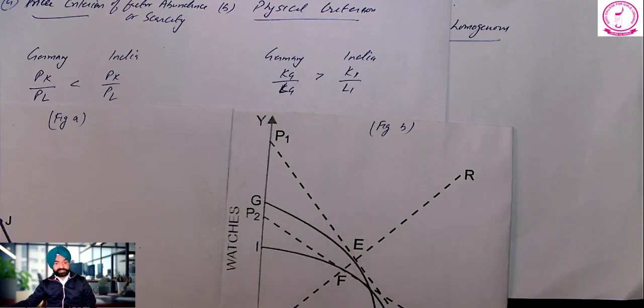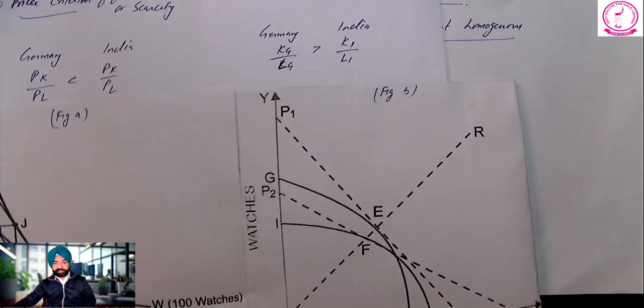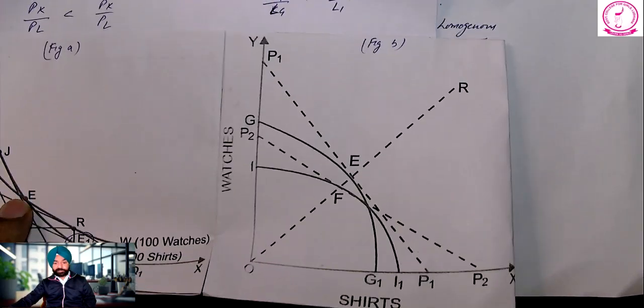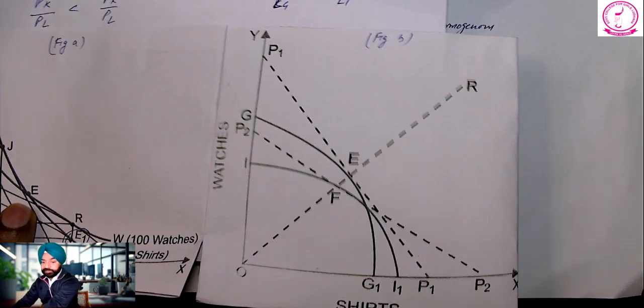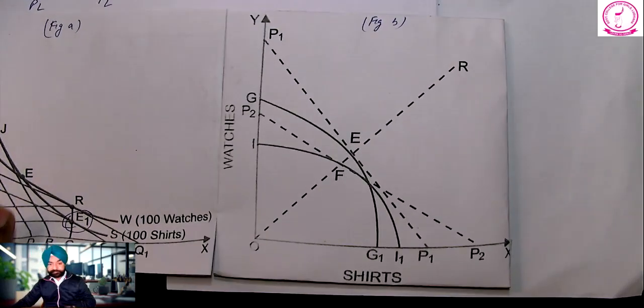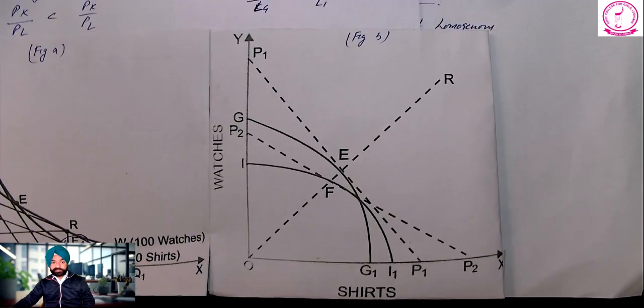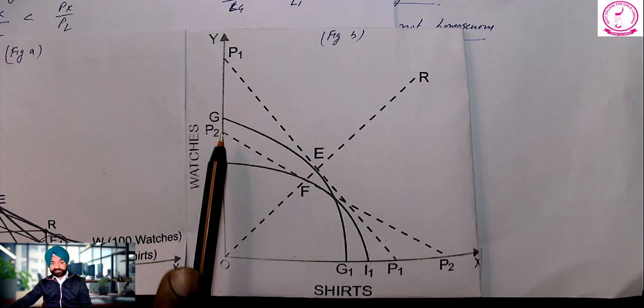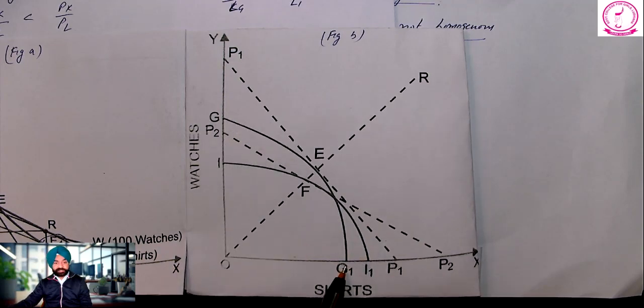So this we can see in figure B also, where on the OX-axis we have represented shirts, and on the y-axis we can see watches. Now you can see there are two production possibility curves. One is GG1, Germany's production possibility curve, and II1 is India's production possibility curve.